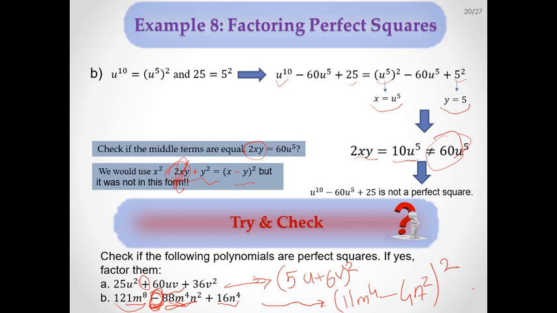Here, one important thing is we have to have plus here, I mean, in all the squares, we have plus here. If there's a negative sign or minus, it's not a perfect square. But is it still factorable? Yes, we can factor it, but not by using the square formulas.